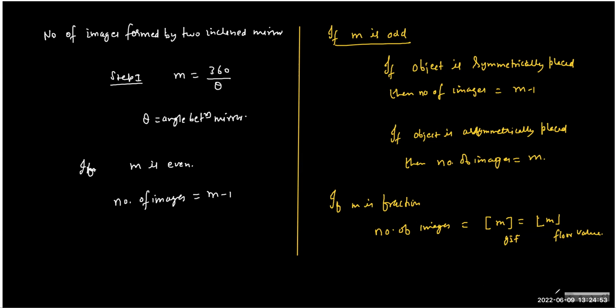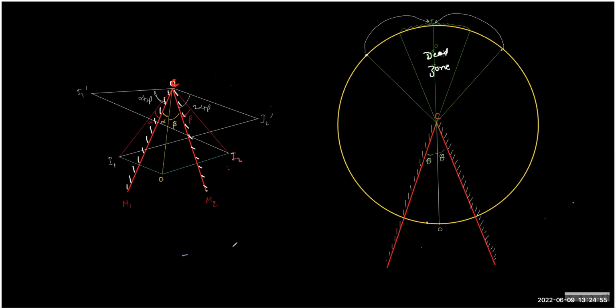The dead zone. Okay. See, if we have any mirror, to form the image, the object must be in front of the mirror, isn't it? Yes. If the object is here, it can form an image. If we have the object here, is it possible for the mirror to form an image? No. So if I extend this line, any object on this side will not form the image, isn't it?